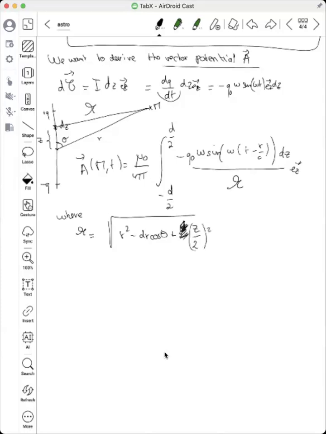Make sure you agree. And so 1 over round R is equal to 1 over R, 1 plus Z over 2R cosinus theta. Okay.